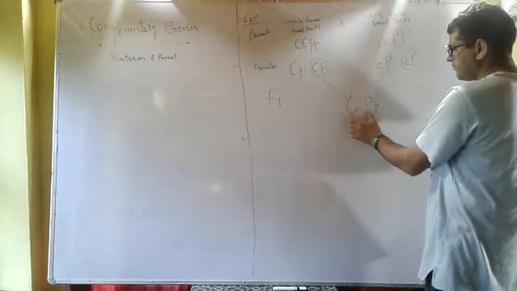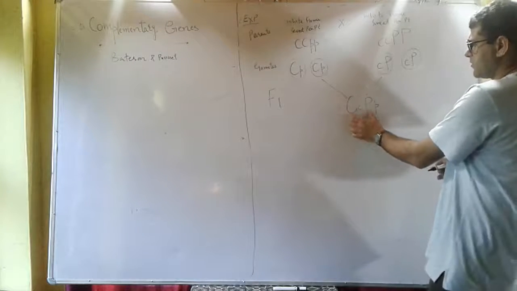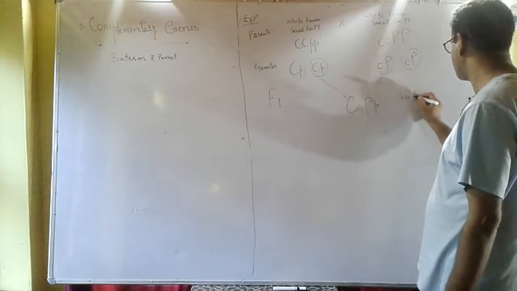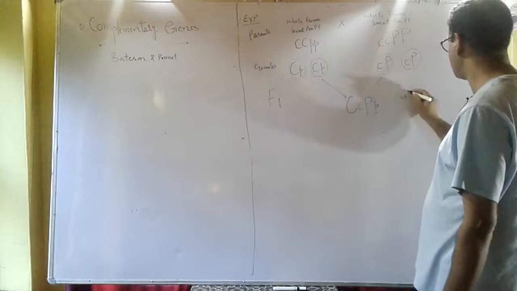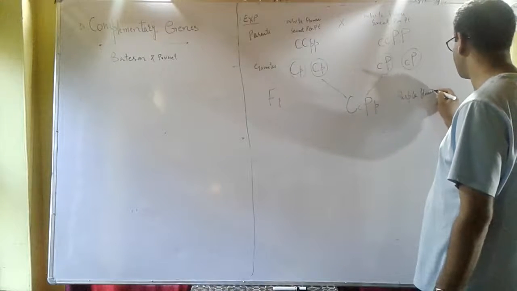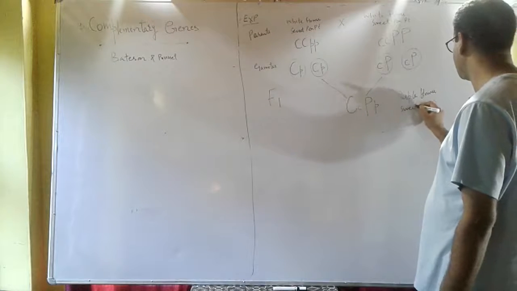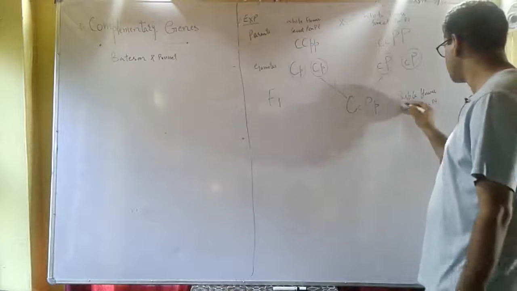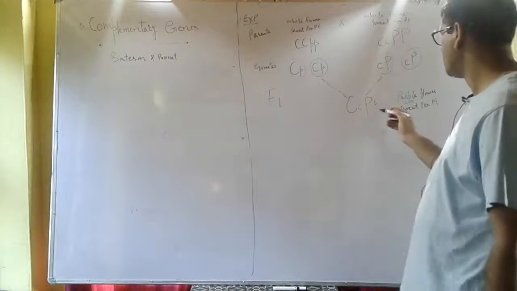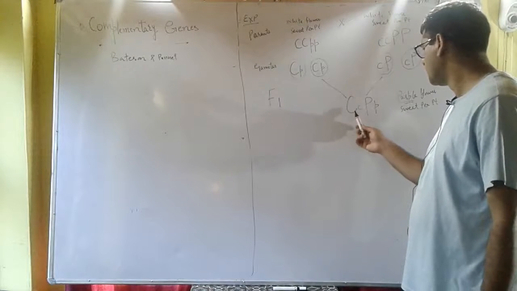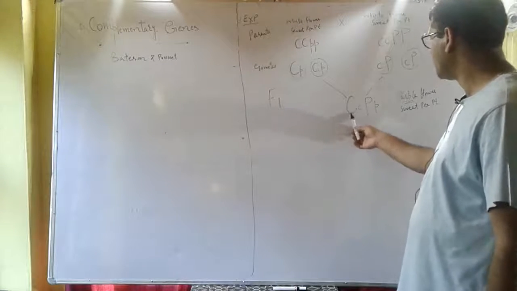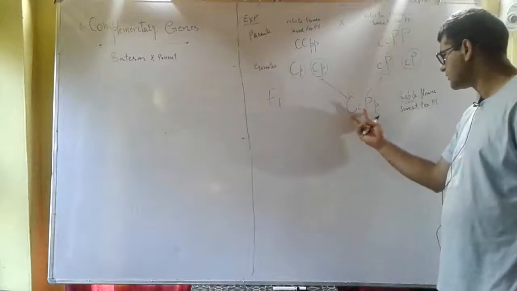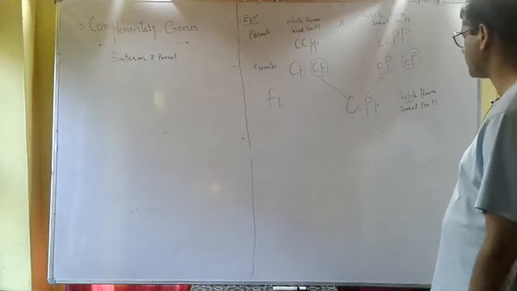So here dominant alleles of both genes are present. That means the flower color is purple, so this is a purple flower sweet pea plant because both the dominant alleles, C as well as P, are present. Both the complementary genes are present for the production of the particular phenotype trait.